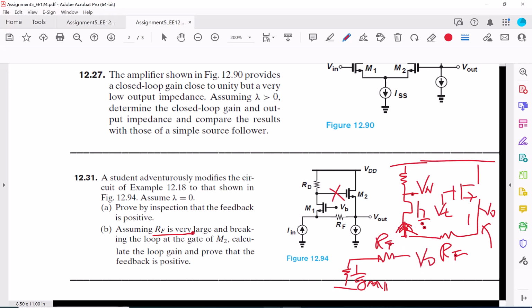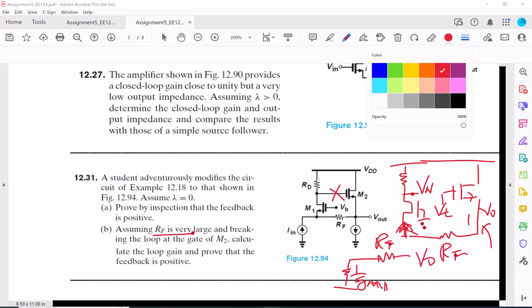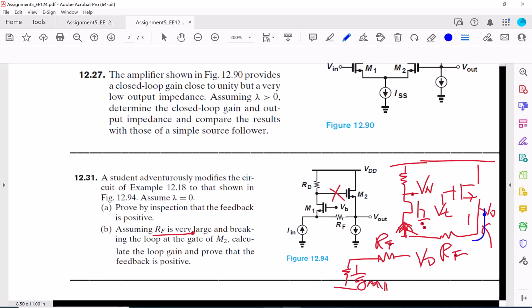So what I'm doing is this route, from V out to RF to here, and looking up is 1 over GM1, and this is RF. So what is the current that goes into the feedback network in this case? What is K?